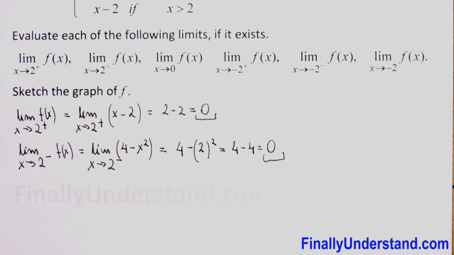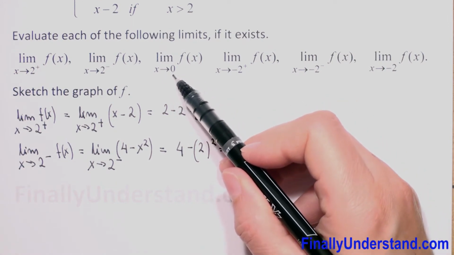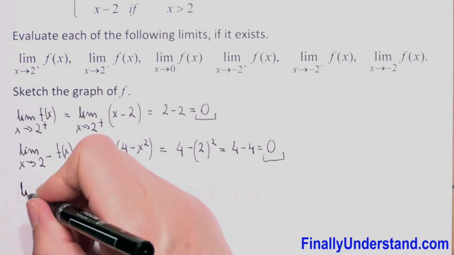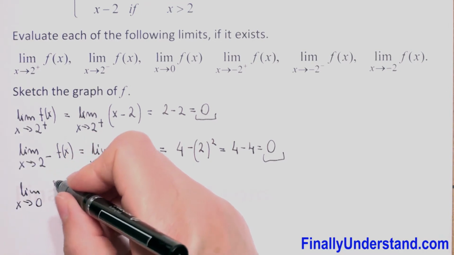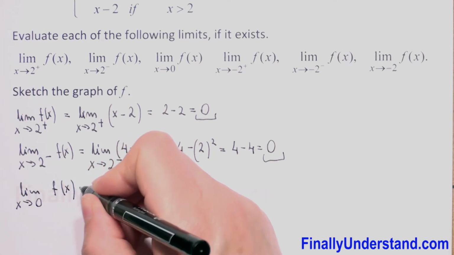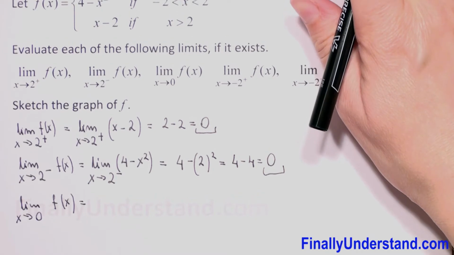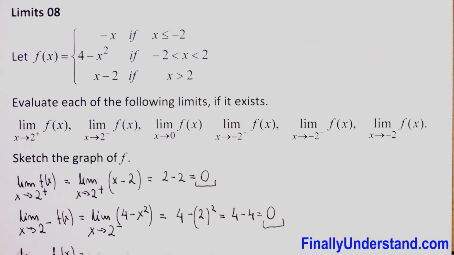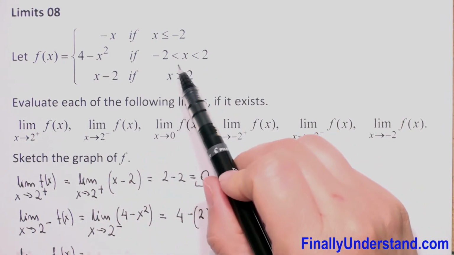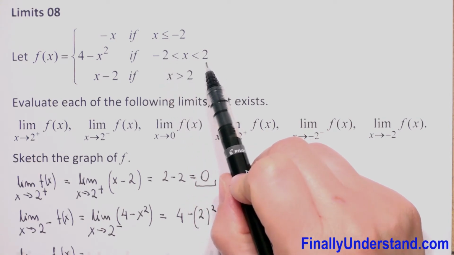Now we have to find the limit as x approaches 0. So let me write this. Limit as x approaches 0 of f(x). First, we have to find which formula belongs to this x. X approaches 0, so 0 belongs to this part, because 0 is between negative 2 and 2.